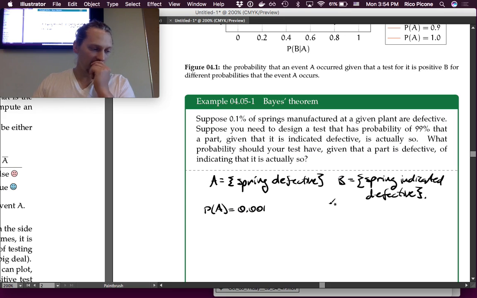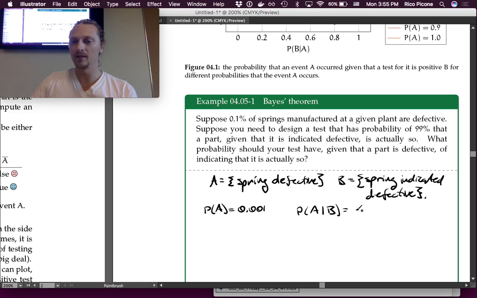And the probability of A, that it's defective, given that B, that the test says it's defective, we want to design so that it's 99%, so 0.99.